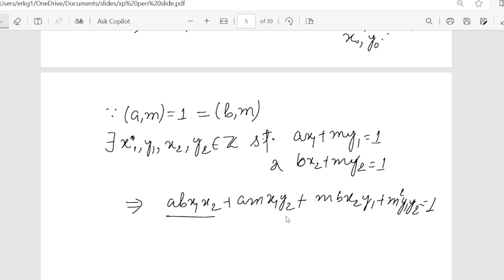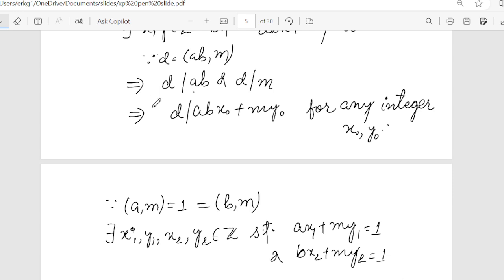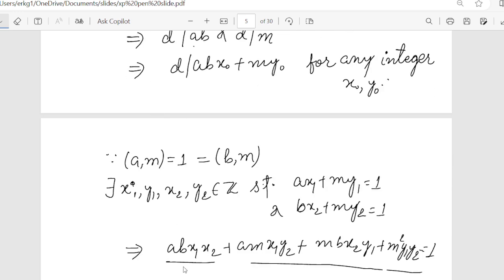Now d divides ab x0 plus m y0, where x0 and y0 are any integers.